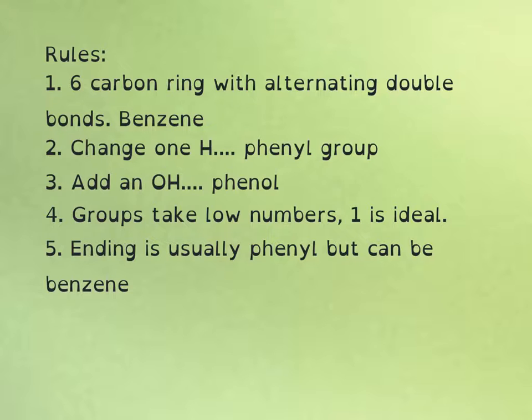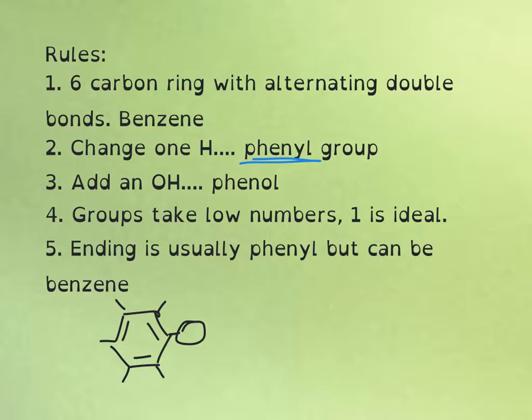Now, when I draw this, you have these alternating double bonds, which means that there's only one additional connection needed on these carbons, and they're usually filled with hydrogens. Now, when you change out one of these hydrogen groups, then it becomes a phenyl, as indicated here.